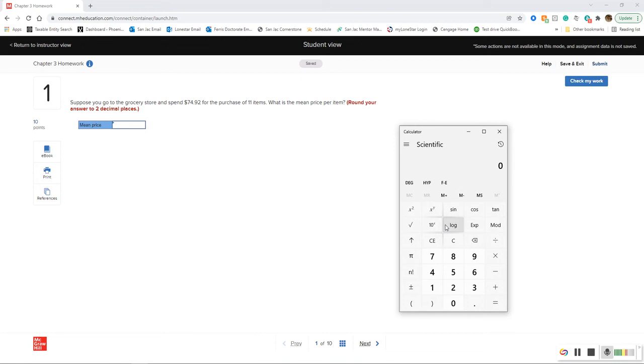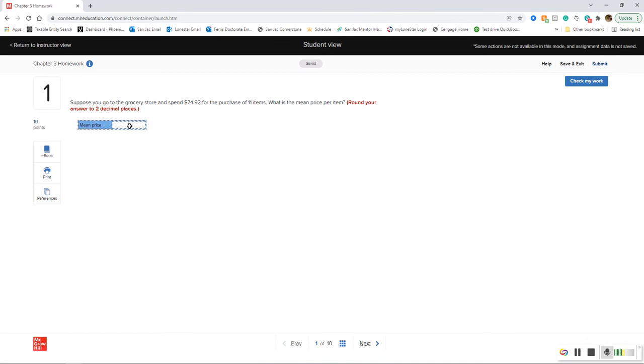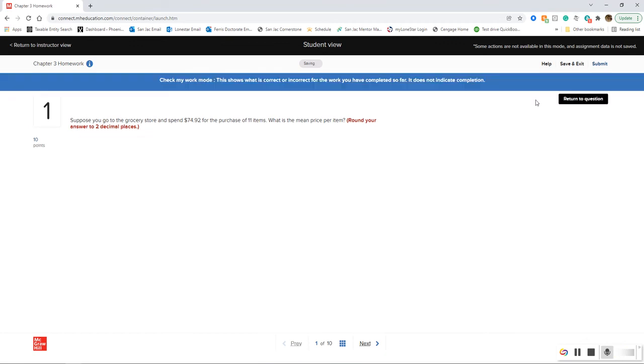So, simple average: we take the total cost of all of our items and divide it by the number of items that we have. Since we're dealing with money, it's 2 decimal places, so my average would be about $6.81. Always check my work, making sure everything is correct.